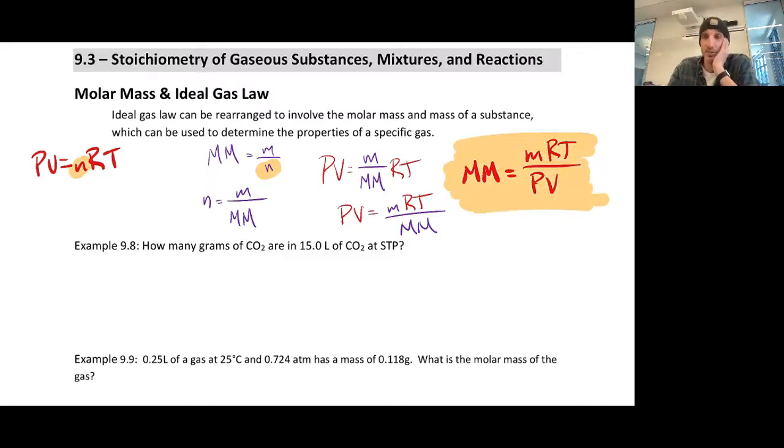I said the type of gas doesn't matter, but it does when mass is involved in a handful of other things. We're going to take a look at this in lab form. In fact, the second or third question when we're looking at density is going to play into this. So molar mass is equal to mass times the ideal gas constant times temperature all over PV. With that, the units are going to work out and we're able to use molar mass.